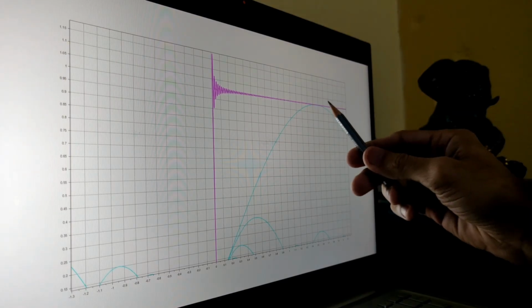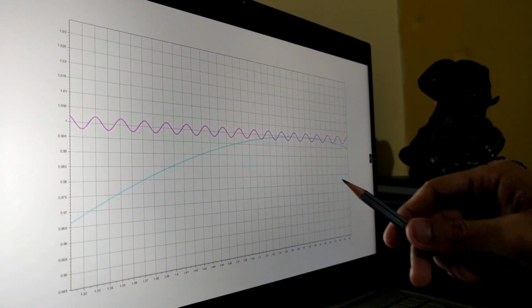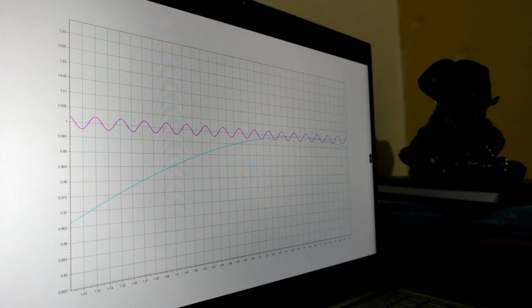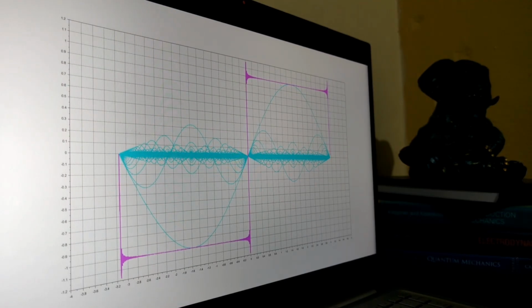And I can also show you here, still oscillations. But these oscillations are around +1. They are very close to +1 value. And that's enough for us. And we call this the square wave. It's a periodic wave. It will be repeated after 2π period.